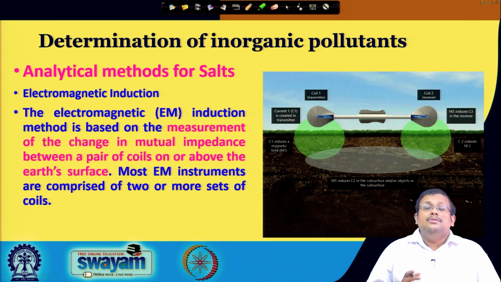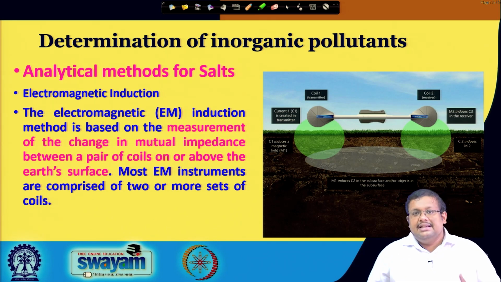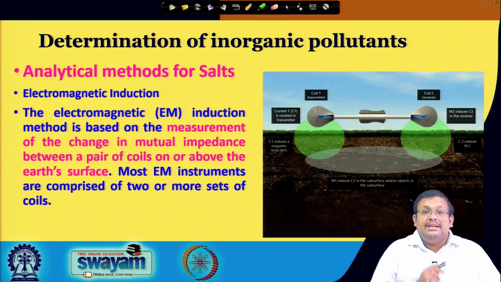So, how do we use this principle in actual measurement of soil salinity? The electromagnetic induction method is utilized in the EM sensor for soil science. This method is based on the measurement of the change of mutual impedance between a pair of coils on or above the earth surface.